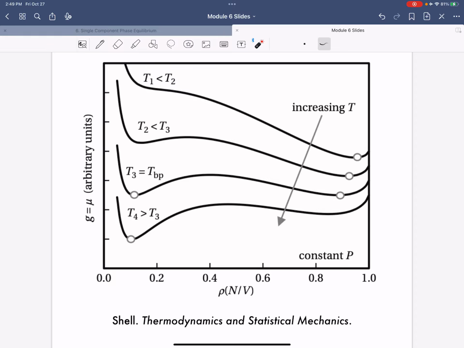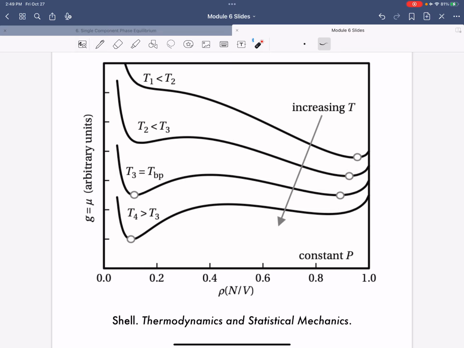And so at that one minimum, we essentially just have a single phase that occurs. As we increase temperature, we see that this inflection point that we saw here starts to get lower and lower. But at T2 less than T3, this rho value still gives a lower overall free energy than the minimum here. So we still have one phase.